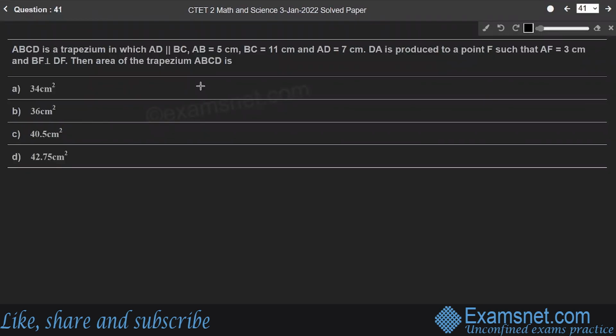Question number 41. ABCD is a trapezium in which AD is parallel to BC. AB is 5 cm, BC is 11 cm, AD is equal to 7 cm.